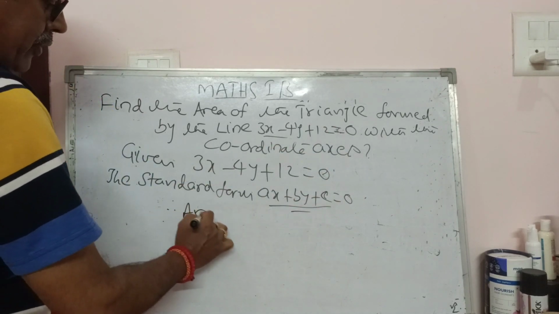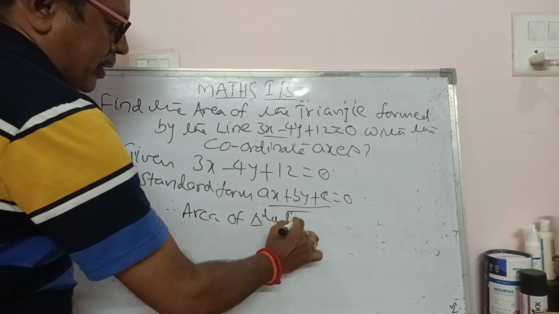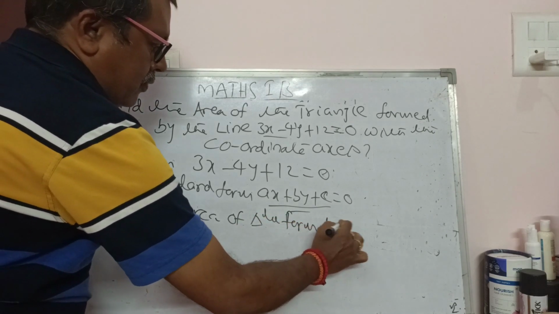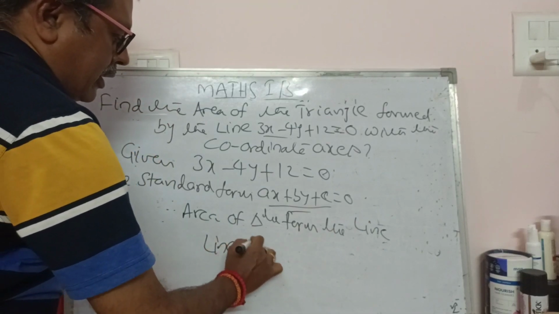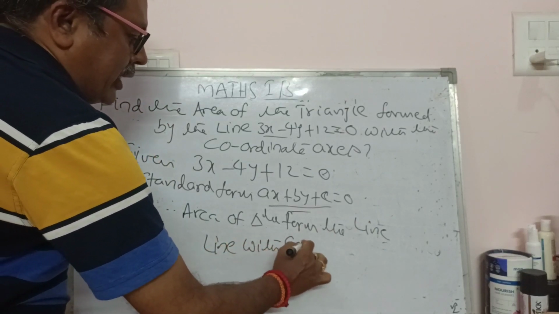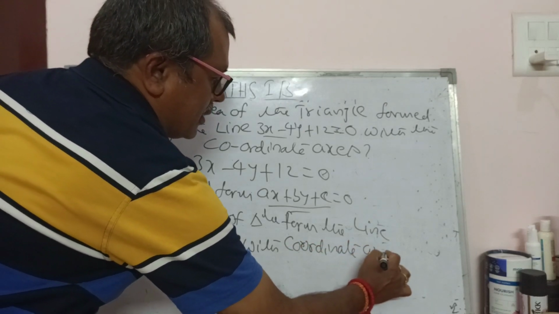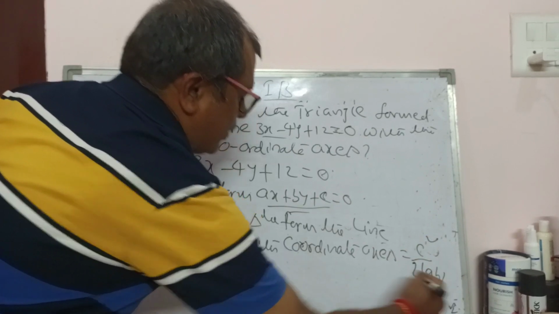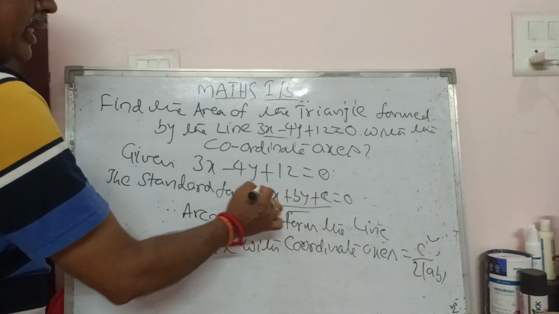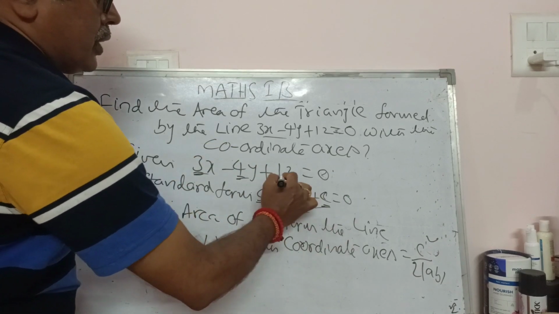Therefore, the area of the triangle formed by the line with the x-axis and y-axis is c square by 2 mod ab, where a is equal to 3, b is equal to minus 4, c is equal to 12.